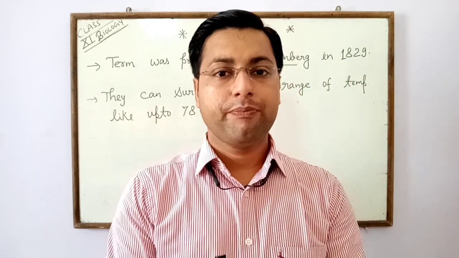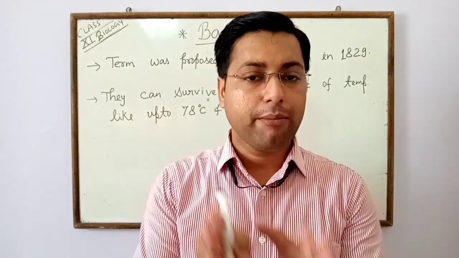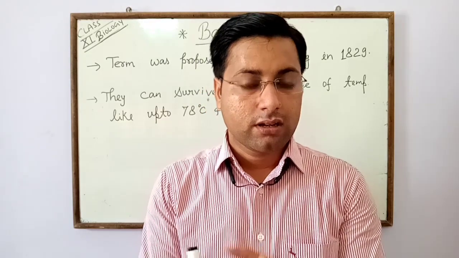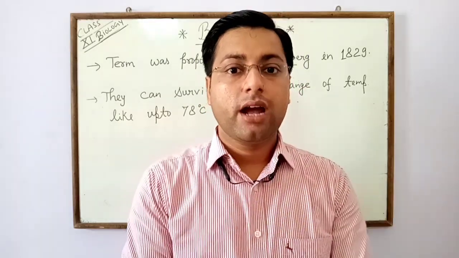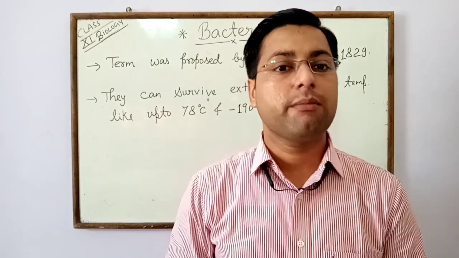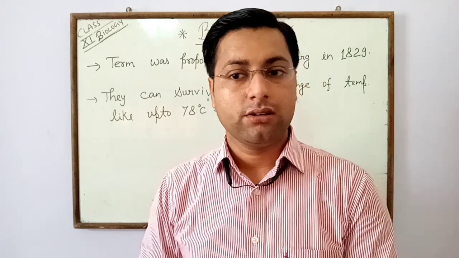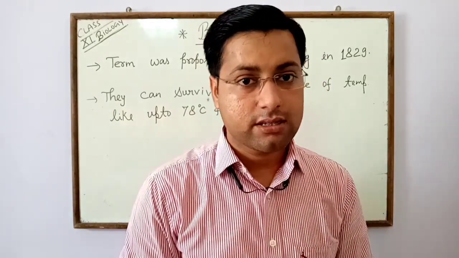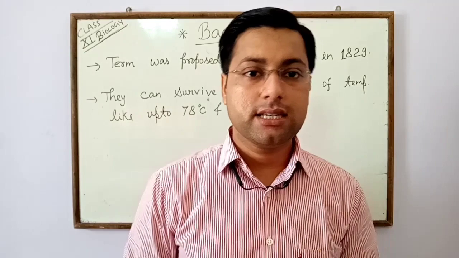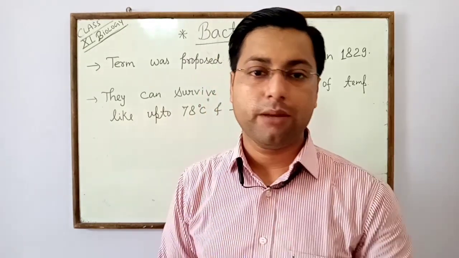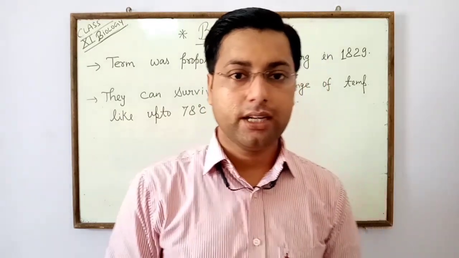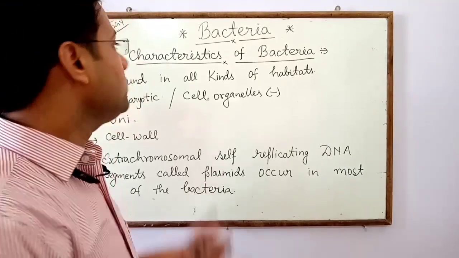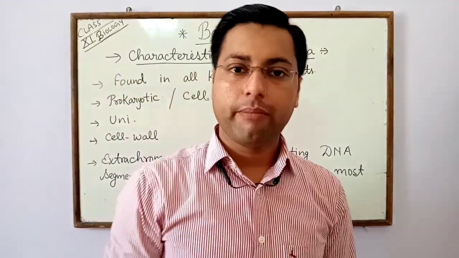So bacteria are a type of primitive and unicellular organism kept under Monera, and now here we discuss their characteristic features, their useful and harmful activities, their shapes and sizes, and after that reproduction in bacteria. Now about characteristics of bacteria.